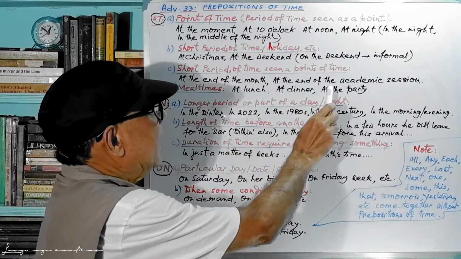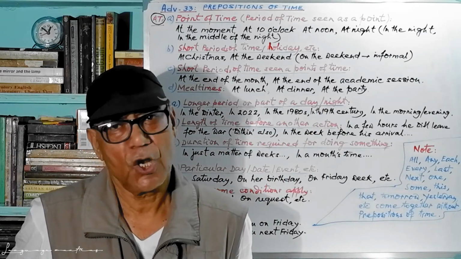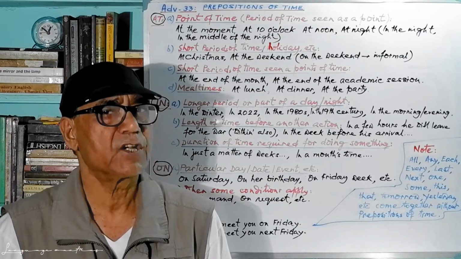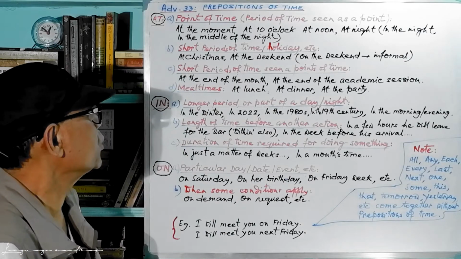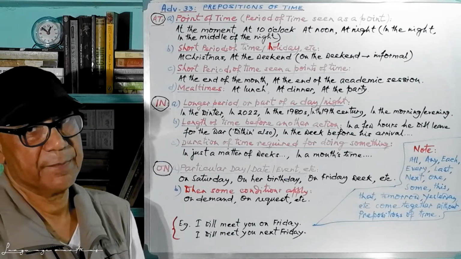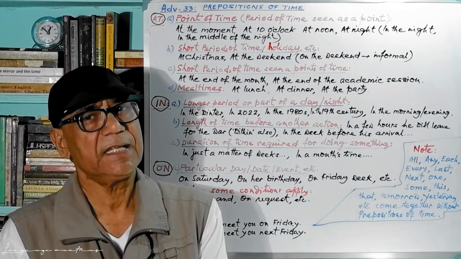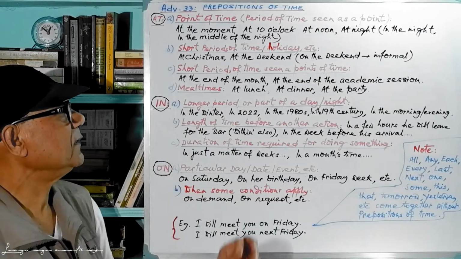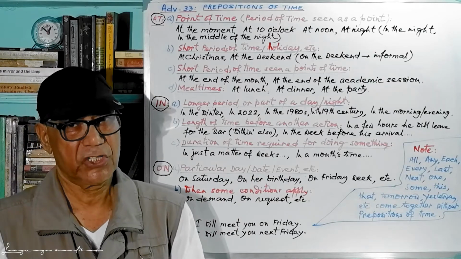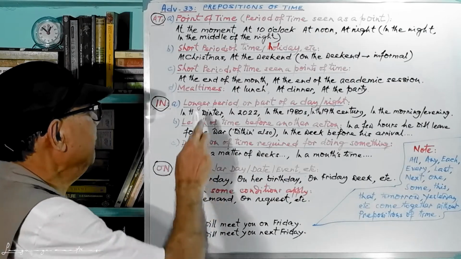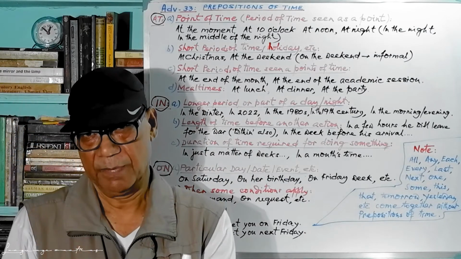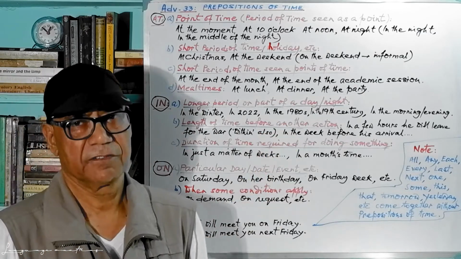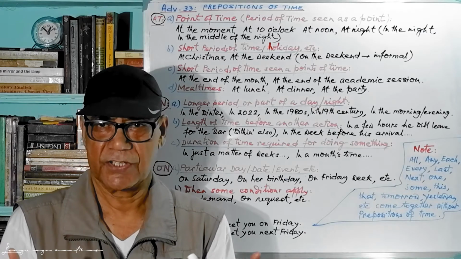And at the end of the academic session, not in the end of the academic session, it's always at the end of the academic session. So when short period of time is seen as a point of time, we normally use at the end of the month, at the end of the academic session, etc. Meal time, it's always very simple. Meal time means at lunch, at dinner, at the party, etc.